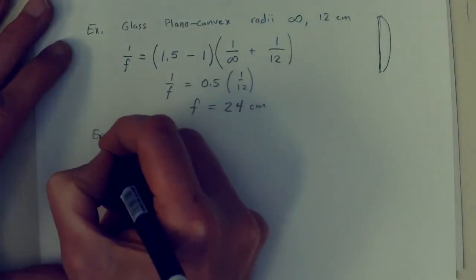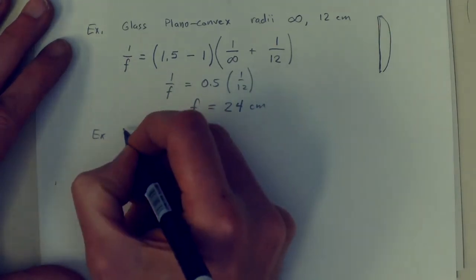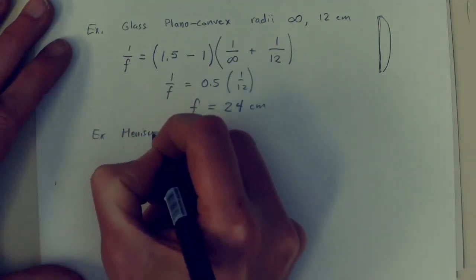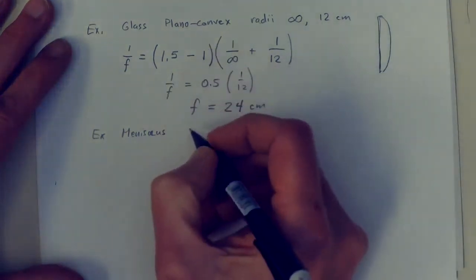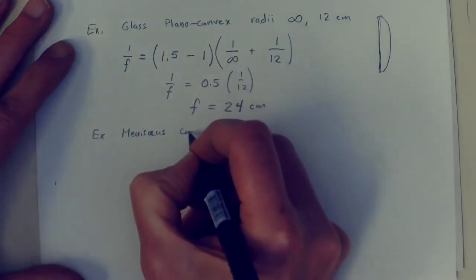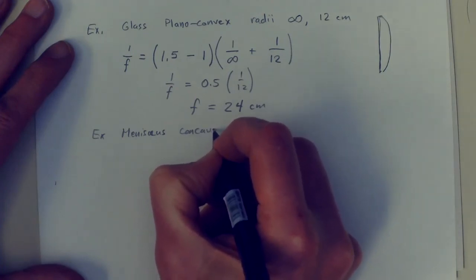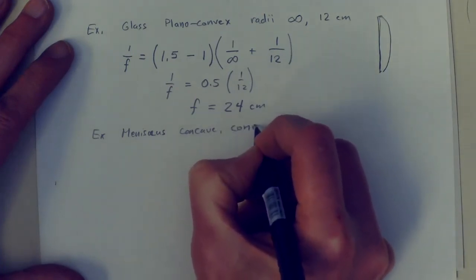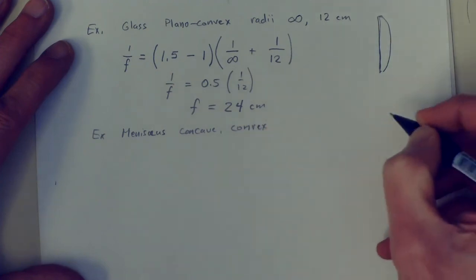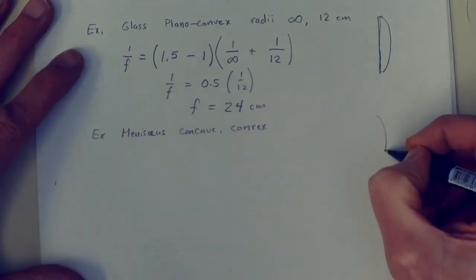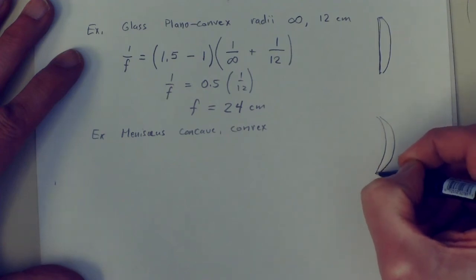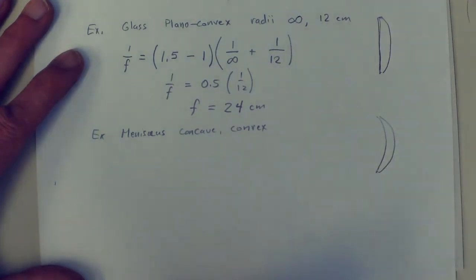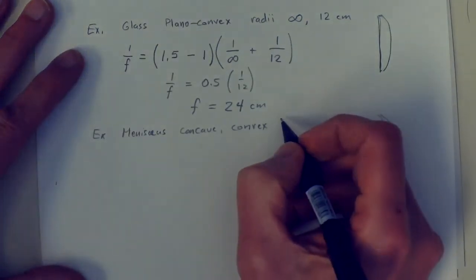What if we had a meniscus lens? A meniscus lens is one that has a concave and a convex side. They can be made either way, but we'll say something like that, sort of like a half moon or some weird figure like that.